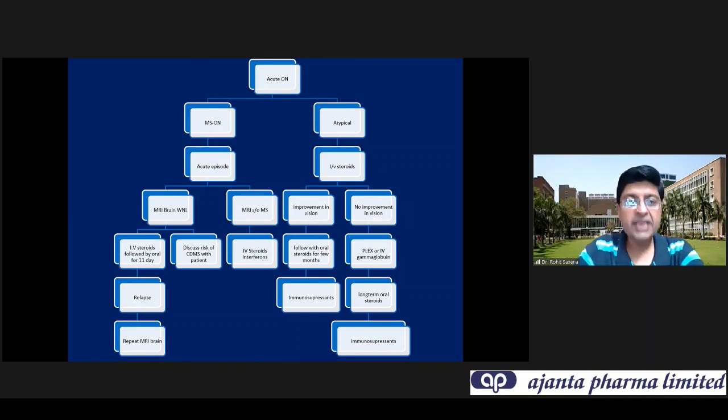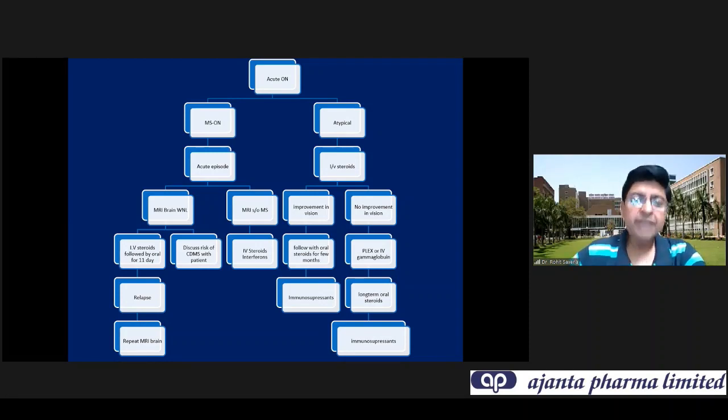So always see the clinical picture of the patient, always understand the cause. In the very beginning, we gave the differentials of ischemic optic neuropathy. So always in an older patient presenting first time with what you suspect as optic neuritis, remember that especially if a patient is diabetic or has other systemic disorders, hyperlipidemia, the likelihood that it may actually be ischemic is more than optic neuritis.